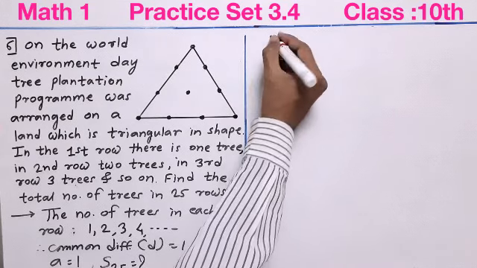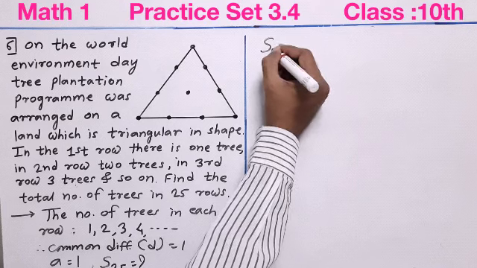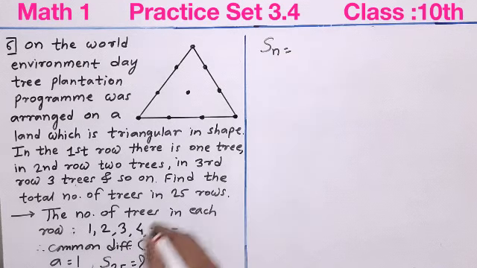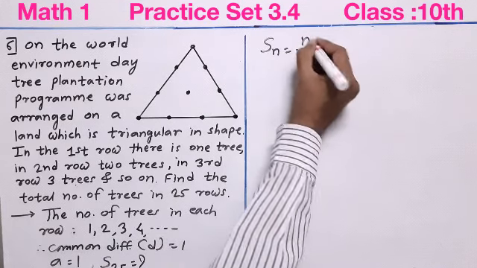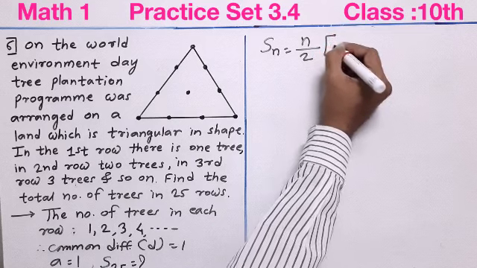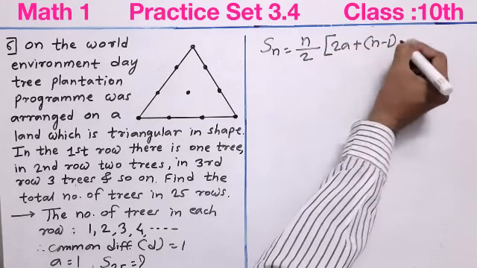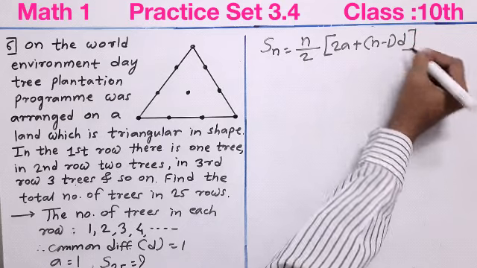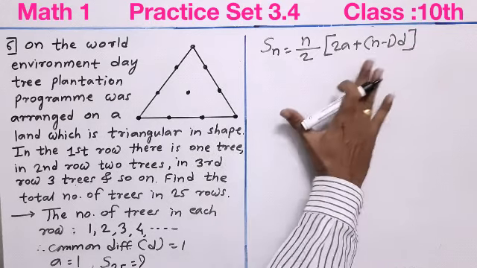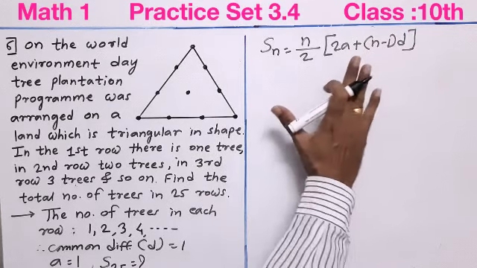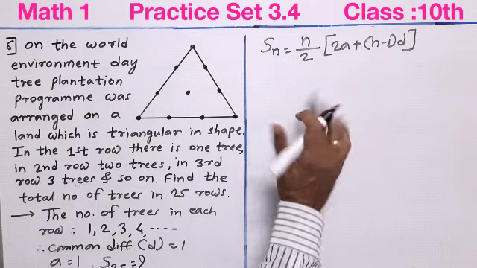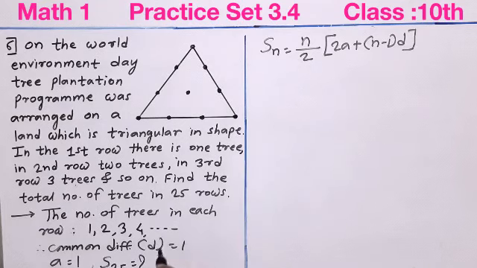So for finding S25, we have to write the formula for Sn, and that formula is n upon 2 in bracket 2a plus in simple bracket n minus 1 into d, square bracket complete. So this is the formula. Don't forget this formula. Whenever you have to find out the sum of the terms, you should remember this formula.